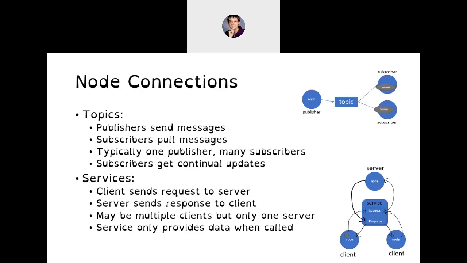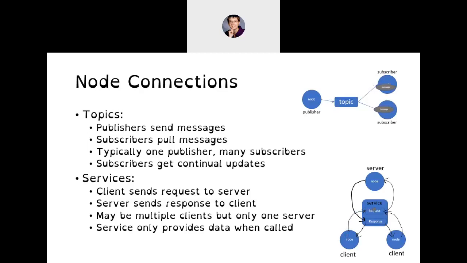Another thing that we can do is utilize services. This is for something that maybe has a little bit of processing time. The idea here is that you have what we call a server, and that server is running some kind of process. And then you have clients that can request the information from the server. If we have a client node here, and this little gray circle is the message that we send, we can send a request to the service.